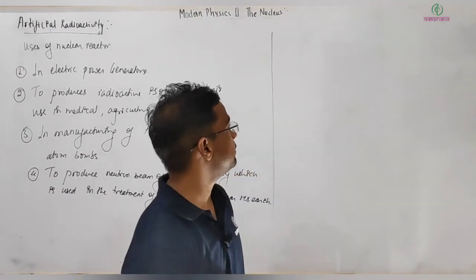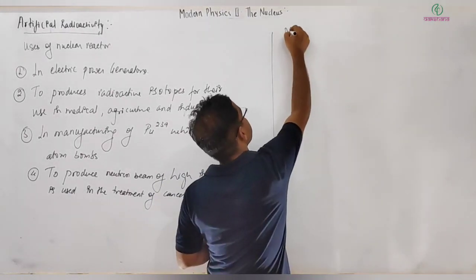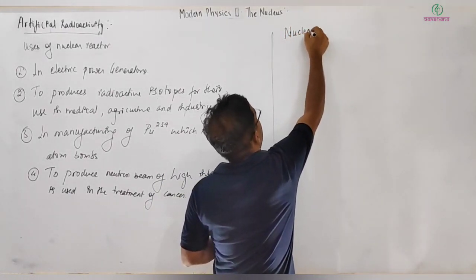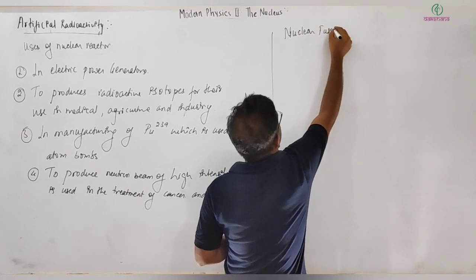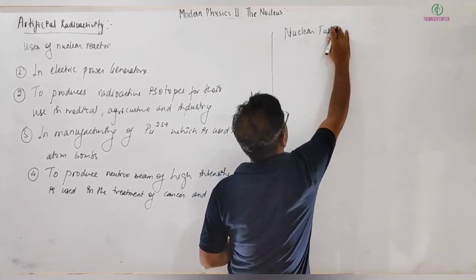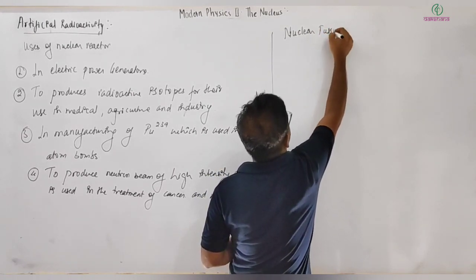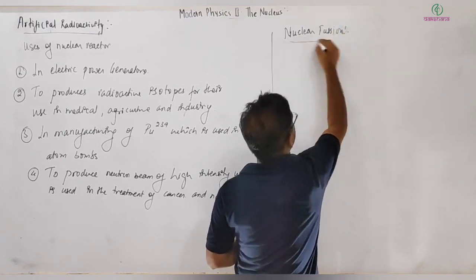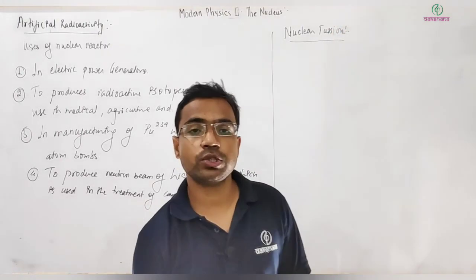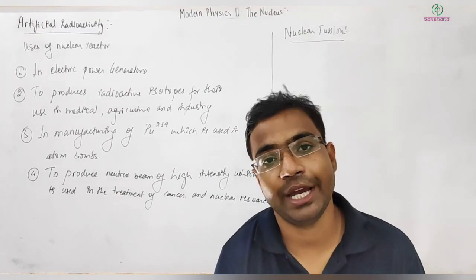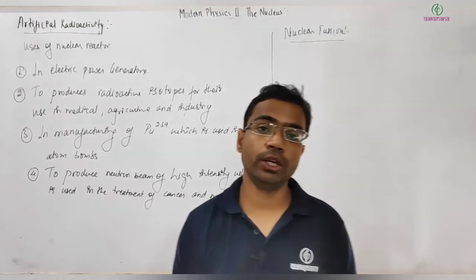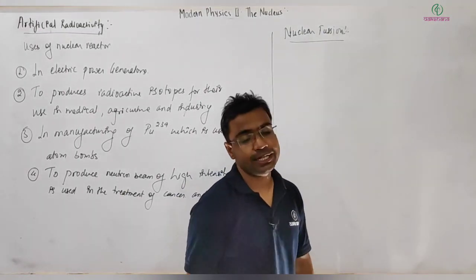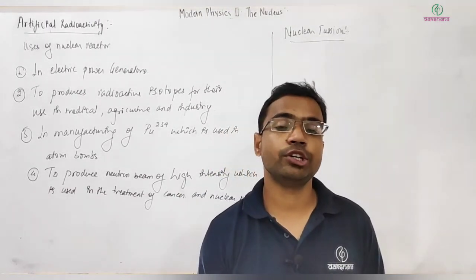So in nuclear fusion, here what is happening is that two or more lighter nuclei combine to form a heavier nucleus such that the mass of the combined heavier nucleus is less than the sum of the masses of the lighter nuclei.